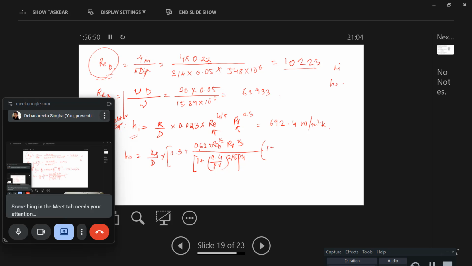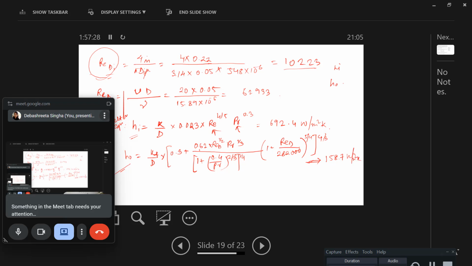then multiplied by [1 plus (Re_D divided by 282,000) to the power 5 by 4] whole to the power 4 by 3. If we input all the values for the outside fluid, we get this around 158.7.